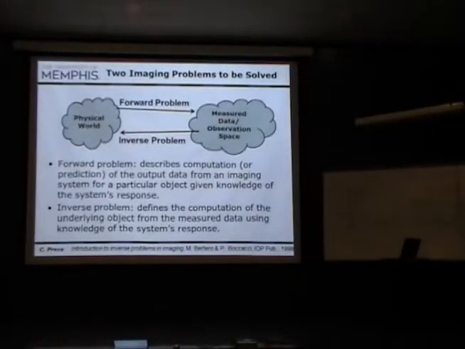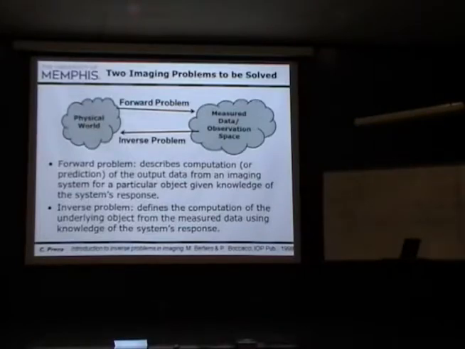So the forward problem describes computations or predictions of the output data from an imaging system, right? So if I have a CT scanner, my forward problem is one that I need to work on so that I have a mathematical equation that I can compute and get a result that will look pretty much like the sinogram that I get from the CT scanner.